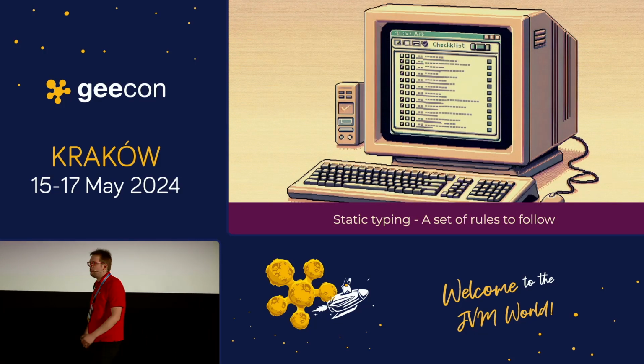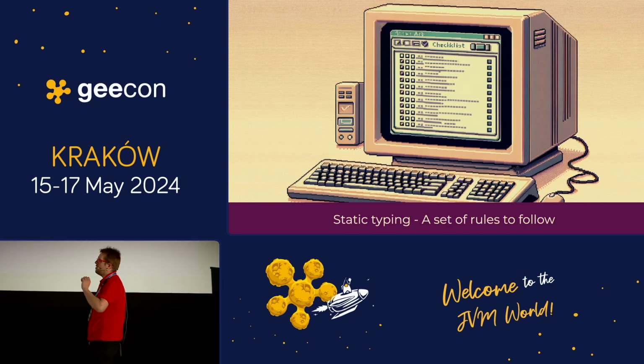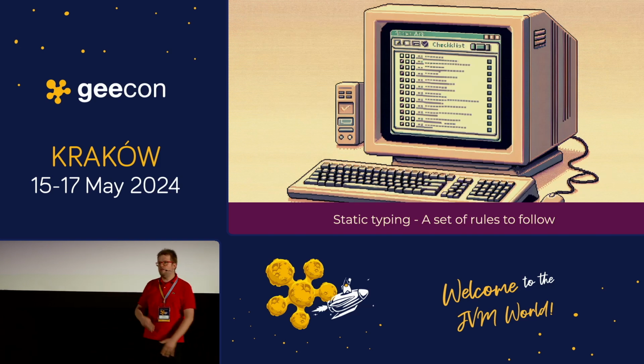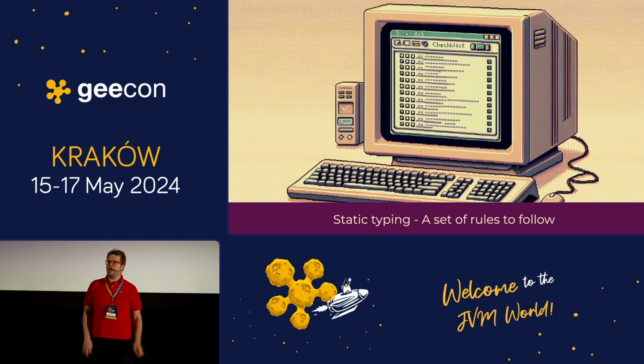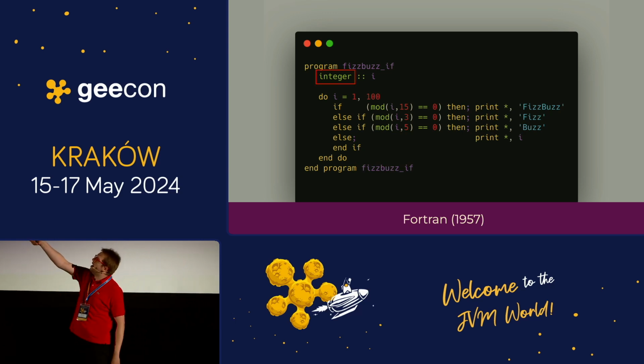Because if we cannot just prove that a program is working, we can agree on the set of rules that we need to follow when we write our programs. And if we follow them, the computer will be able to check if everything is fine. The first language that introduced something like that, as far as I know, is Fortran, which introduced something that we now call type labels.